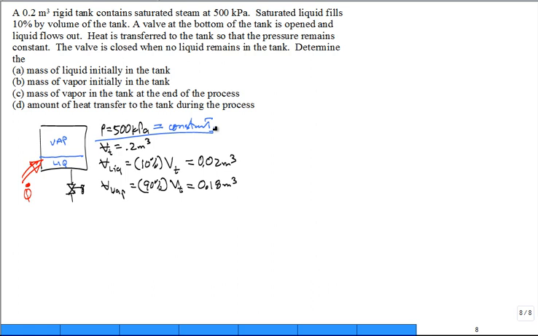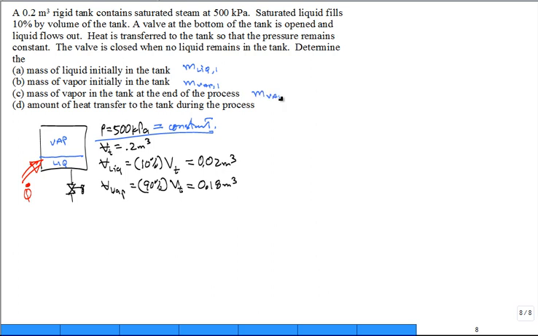All right. So now let's take a look. What is the mass of the liquid initially in the tank? We'll call that the mass in the tank at state 1. What about the mass of the vapor initially in the tank? Mass liquid 1, mass vapor 1. What is the mass of vapor in the tank at the end of the process?